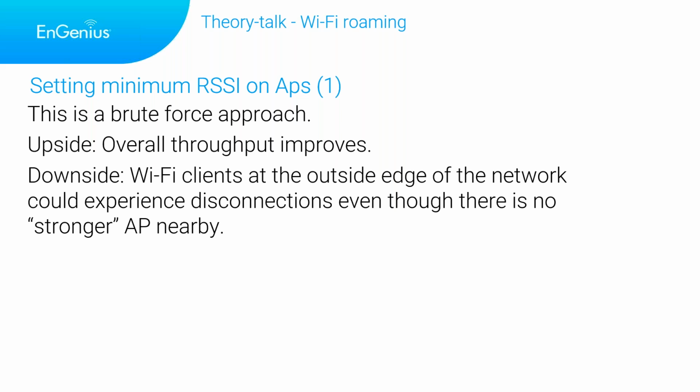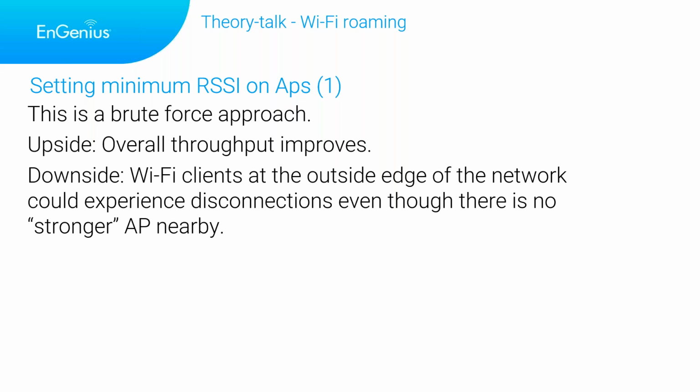Another downside is that clients at the outside edge of the network could get disconnected even though there is no stronger access point nearby, because the access point can only tell if the client is near that one access point. It doesn't know exactly where the client is and if it's nearest another access point or not.